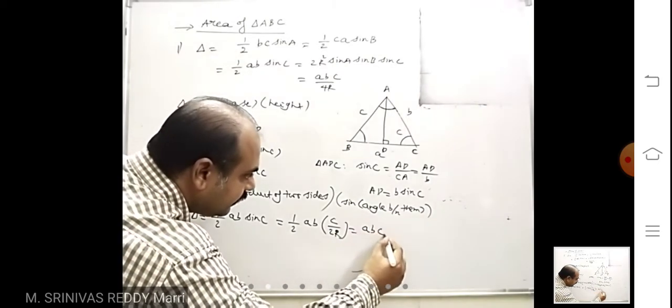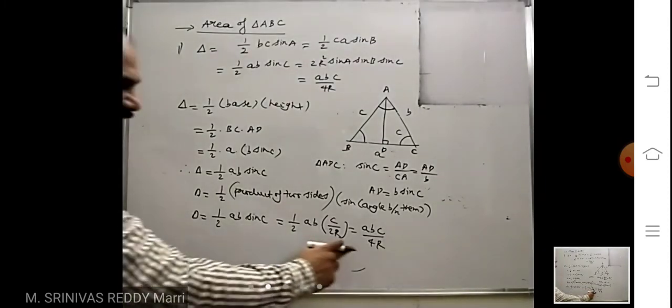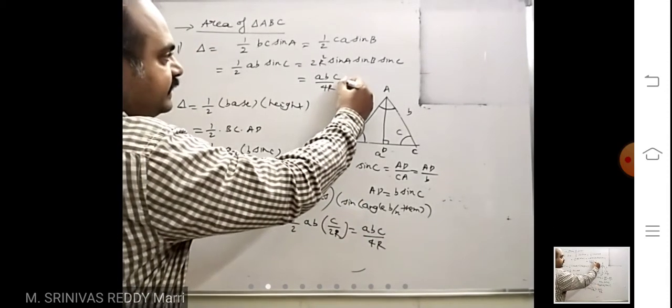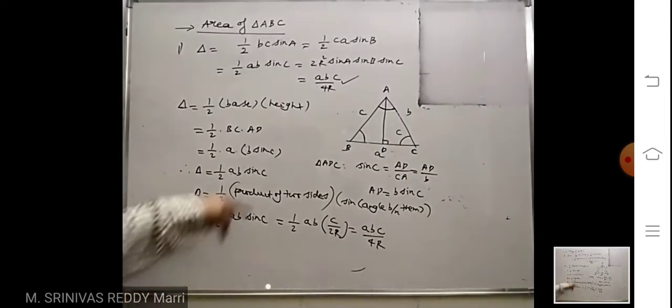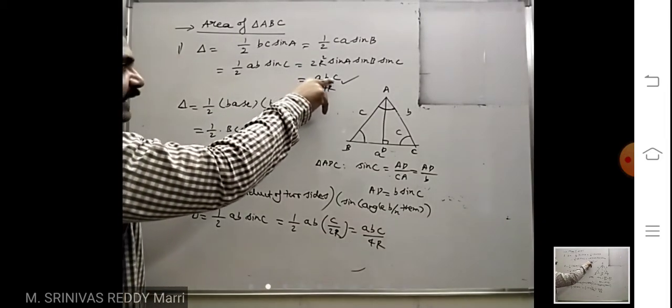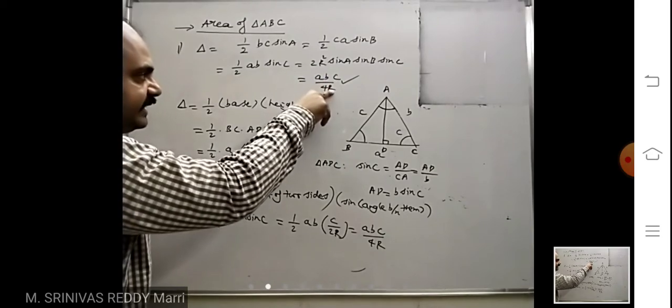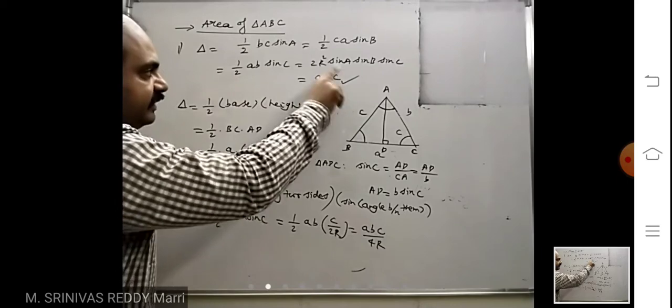Then what am I getting? abc divided by 4R. So delta has another formula: abc divided by 4R. This formula we will use if all the side lengths a, b, c are known and the circumradius is known.